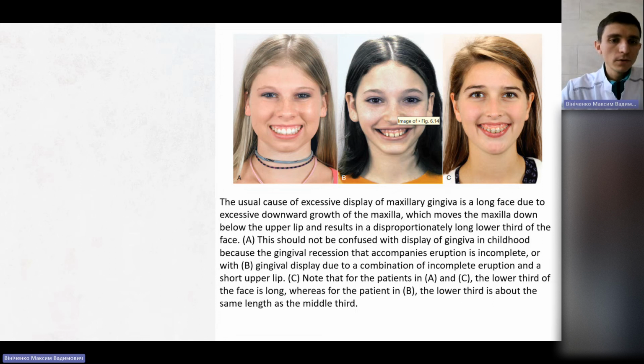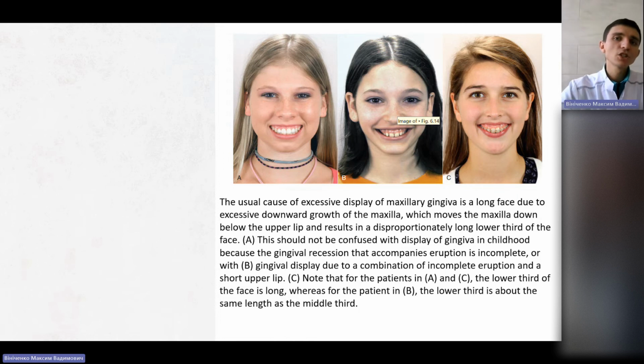If the lower third in patients A and C is long, we could say that the FMA, frankfort mandibular plane angle, is high, that the lower jaw grows downward. Why? Because it has a long lower third.